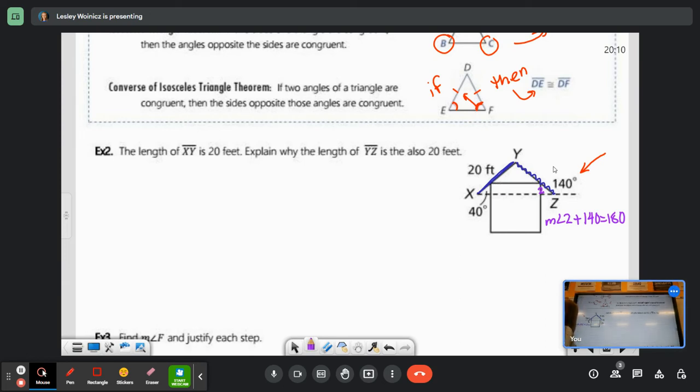Subtract 140 from both sides and you get the measure of angle 2 is 40. Now, we got a 40 over here and a 40 over there. We got congruent angles. So if we have two congruent angles, then we know that their opposite sides are congruent.